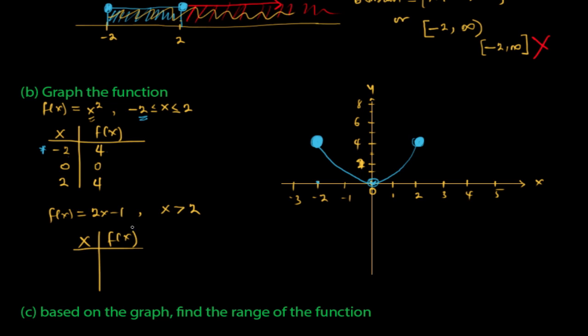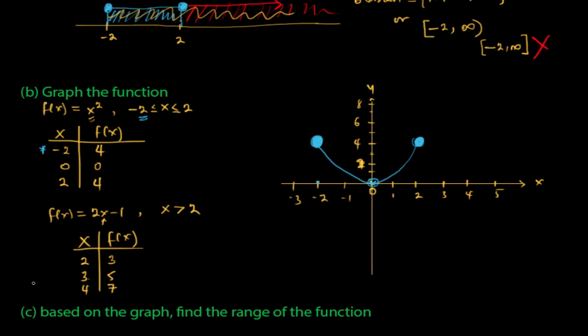It says x greater than 2, so let's go from 2, 3, 4. When x is 2, if you substitute into here, 2 times 2 is 4, minus 1, that's 3. When x is 3, 2 times 3, 6, minus 1, 5. When x is 4, 2 times 4, 8, minus 1, that is 7.